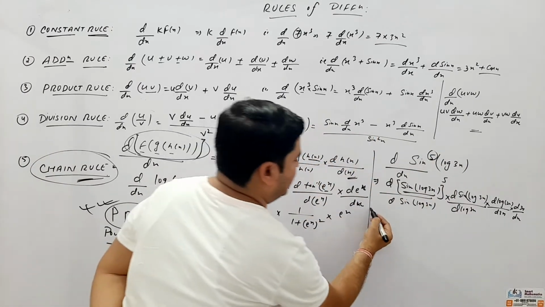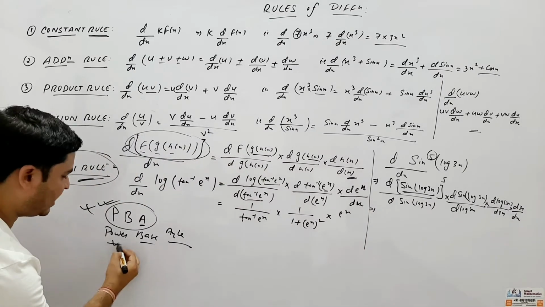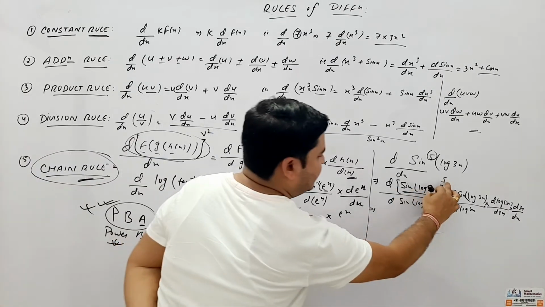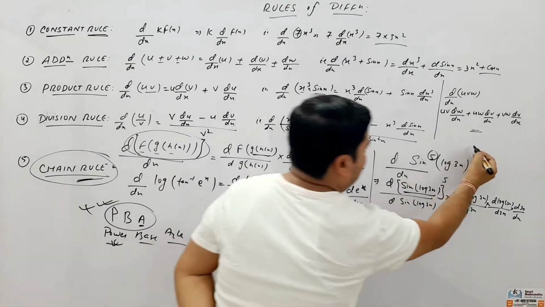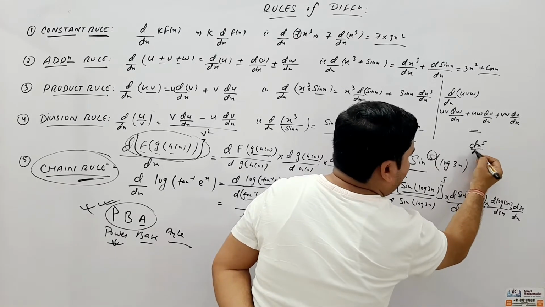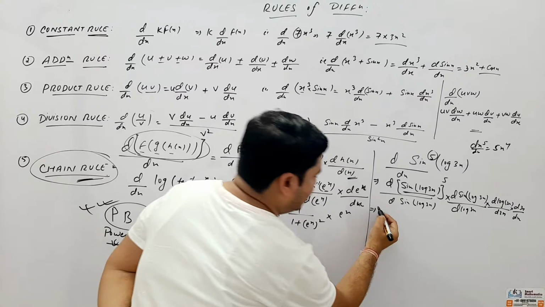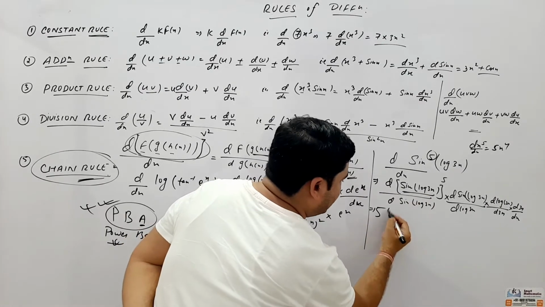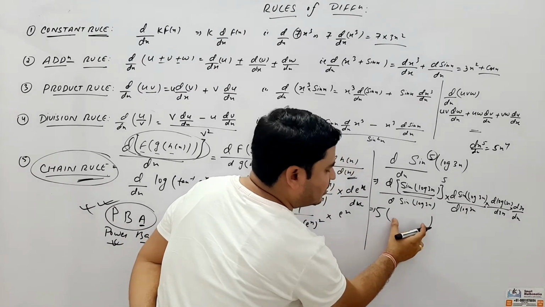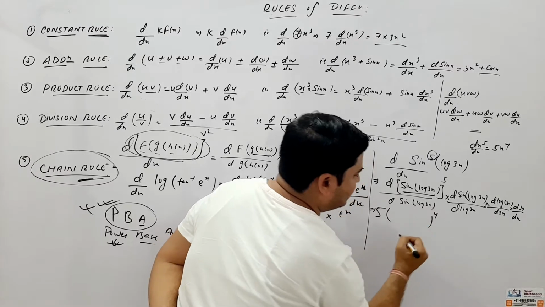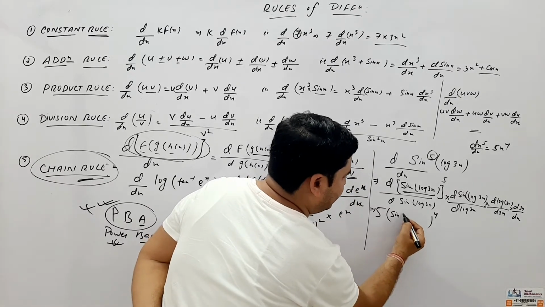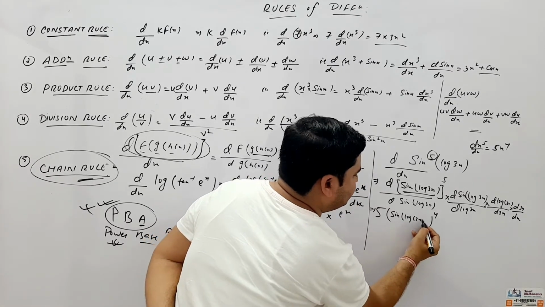Okay, so as I told you, firstly we will apply the differentiation of the power. So 5 is here. If you remember, differentiation of x^5 gives you 5x^4. In the same manner, you will get this answer: 5, you will write down your base here, which is sine log 3x, and power 4. I am copying this term.